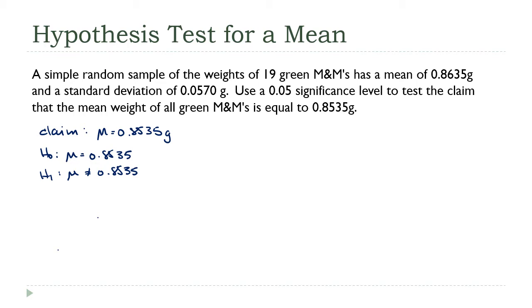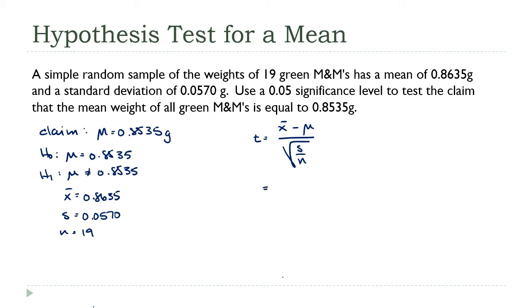So now we can calculate our test statistic using the formula for testing a mean. T equals x bar minus mu over the square root of s over n. So I need to pull some values here. X bar is the sample mean, that's 0.8635. S is the sample standard deviation, that's 0.0570. And n is the sample size, that's 19.